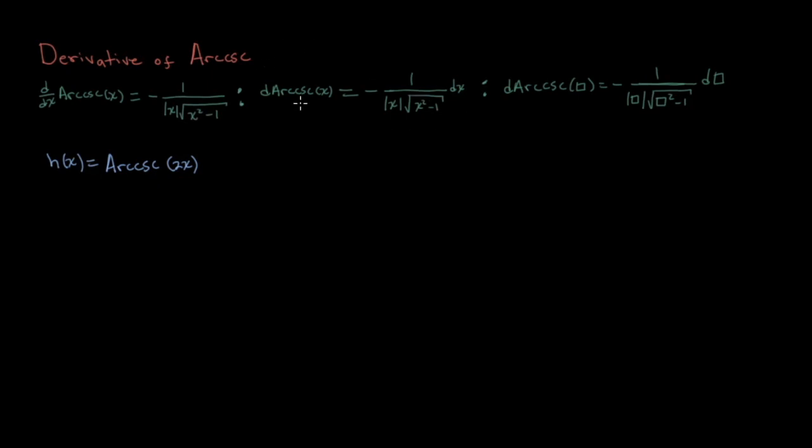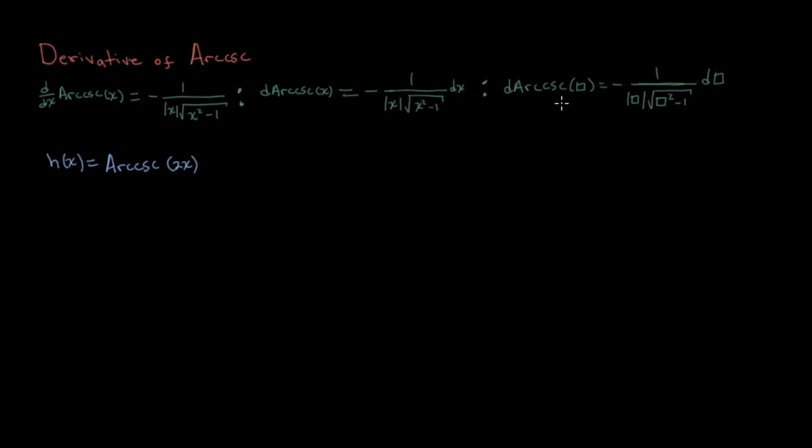So when you're actually performing the calculation, the way you're going to look at it is the derivative of arccosecant x is equal to negative 1 over the absolute value of x times the square root of x squared minus 1 times dx.